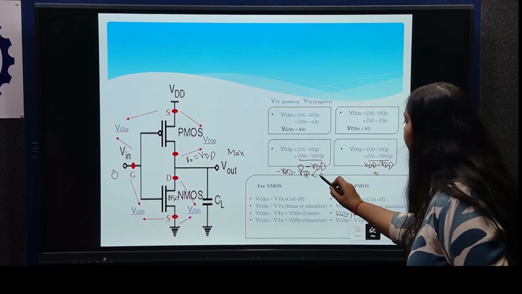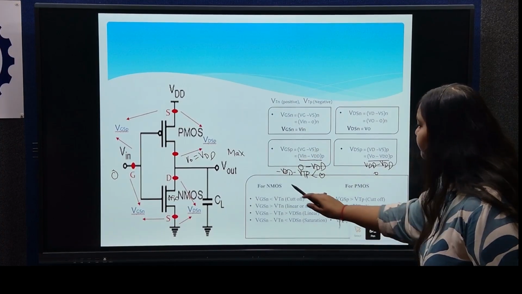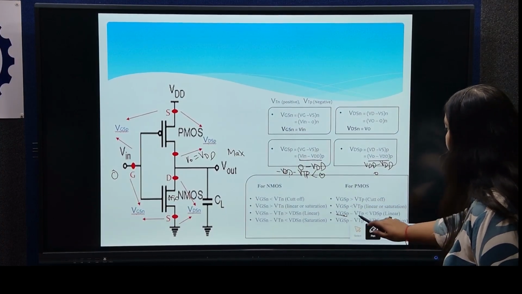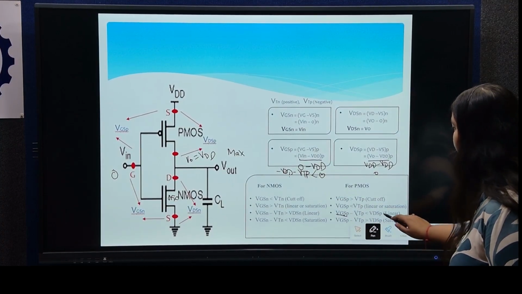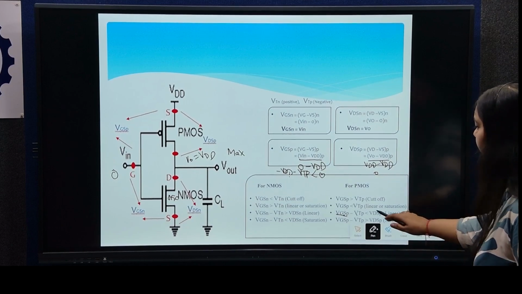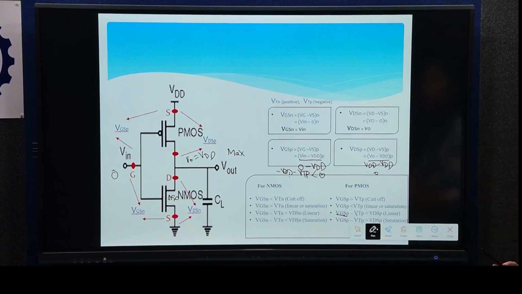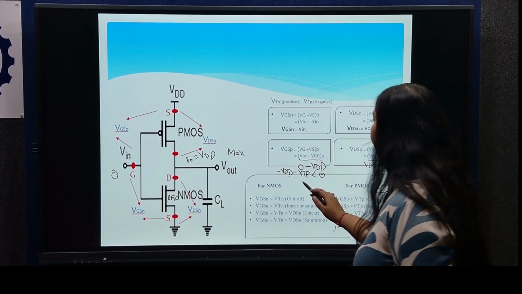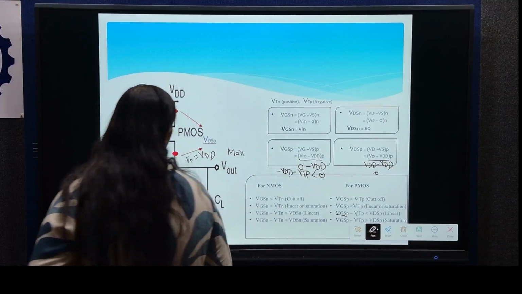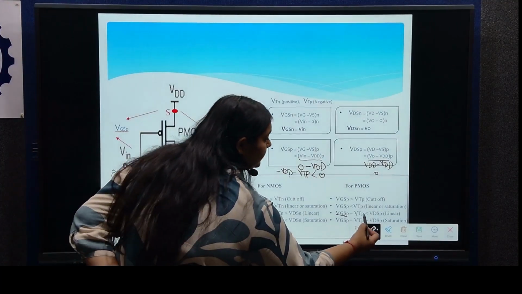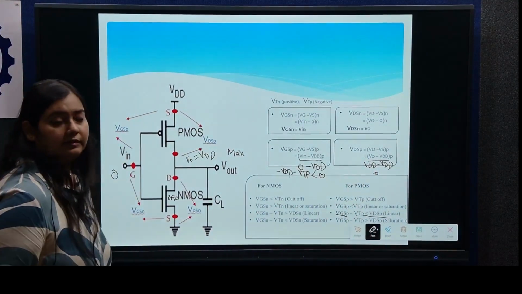So we can say here VGSP is minus VDD, minus VTP is smaller than VDSP, which is 0. Negative is smaller than 0. So PMOS will be in linear region.